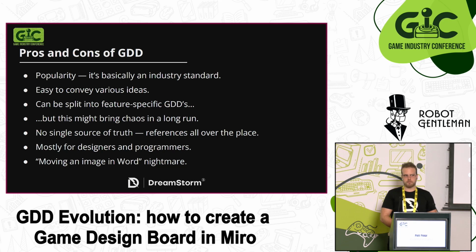The key problem that we found is that we didn't have a single source of truth. When the data is all around the drive, some relevant information is changed in one document but not updated in the other, so teams get different information based on whether you're a programmer or an artist.